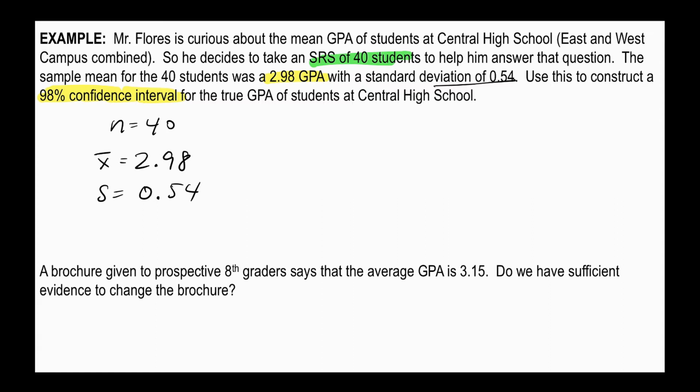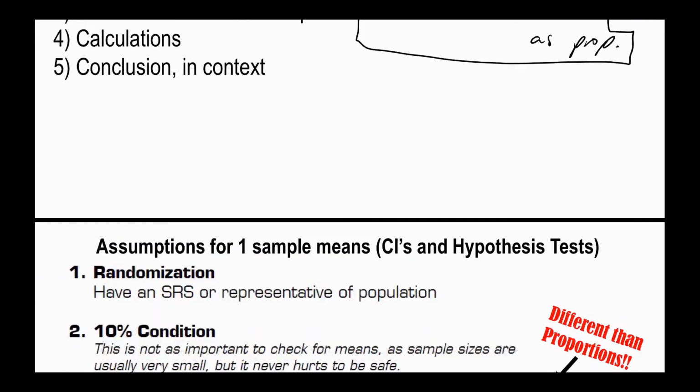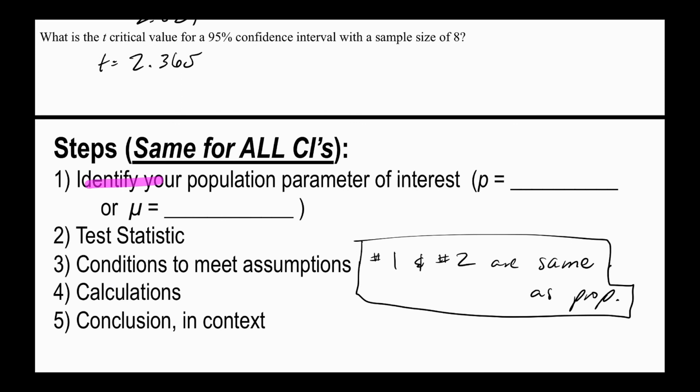There you go. This is going to be our first step right here. That's our first question: the true mean GPA of students at Central High School. That's what I'm trying to figure out. The first step is to identify the population parameter. So it'd be mu equals that.